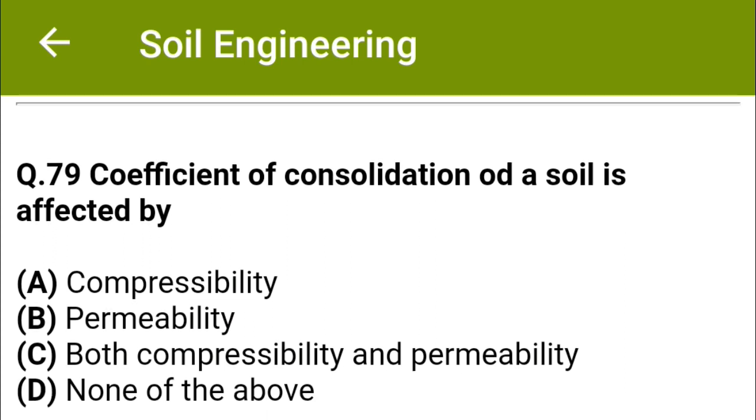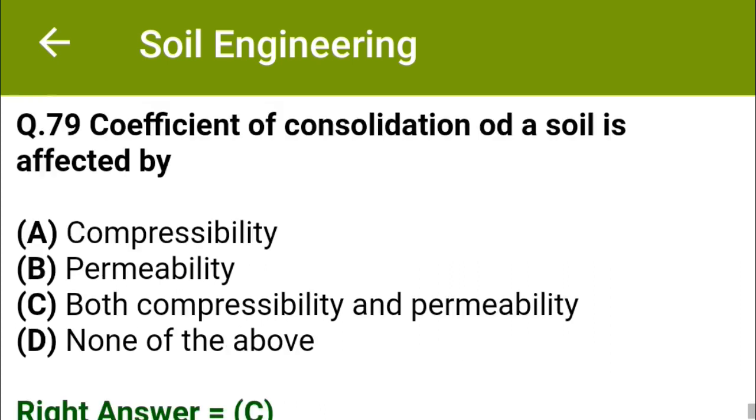Coefficient of consolidation of a soil is affected by: option A, compressibility; option B, permeability; option C, both compressibility and permeability; option D, none of the above. The correct answer is option C, both compressibility and permeability.